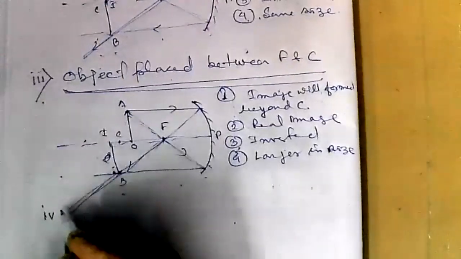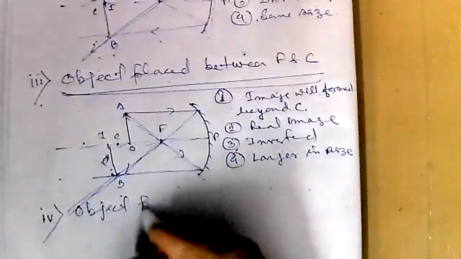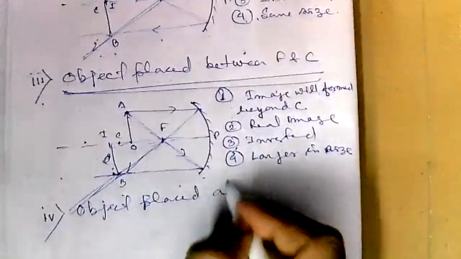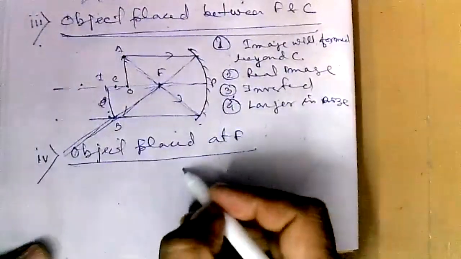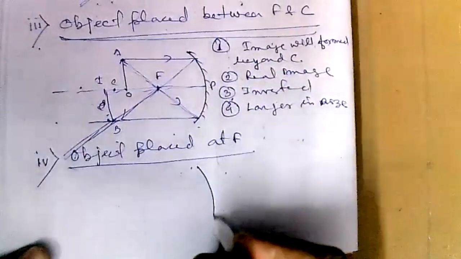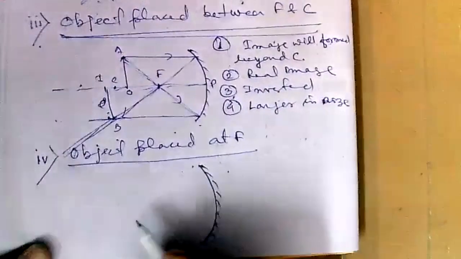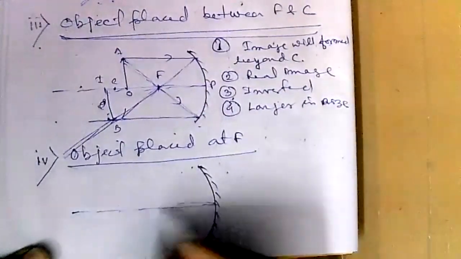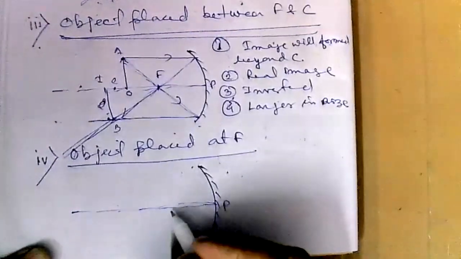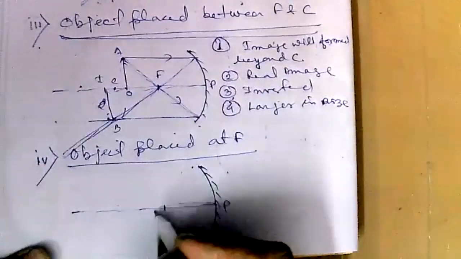Fourth, object placed at F. This is very interesting. Basically, it is the most interesting one, because everything changes.